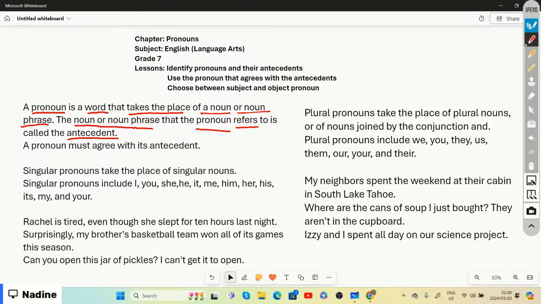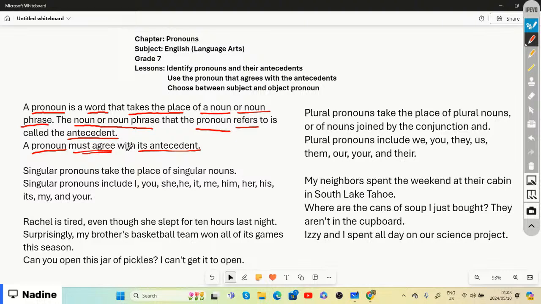Also, a pronoun must agree with its antecedent. So once again, before we continue, a pronoun is a word that takes the place of either a noun or a noun phrase.